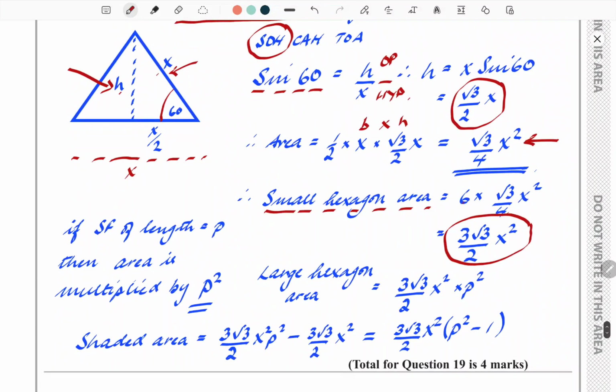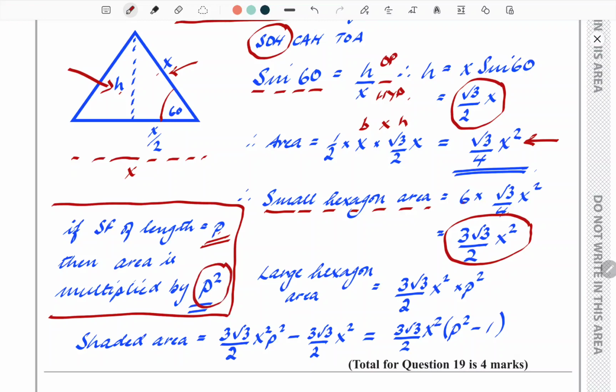Now, I'm going to put this in a little box here, okay? A bit of revision from earlier things with scale factors. If the scale factor of a length is p, in other words, if you're enlarging the lengths by a certain factor p, then the area of a shape will be enlarged by a factor that's p squared, all right? That's the thing that you need to remember for this question, all right?